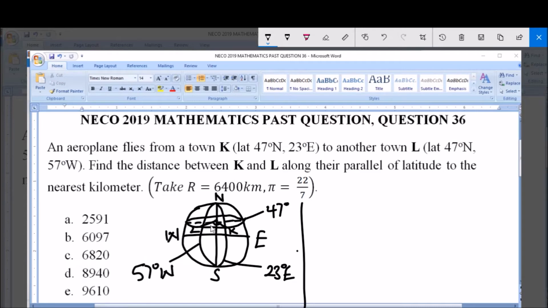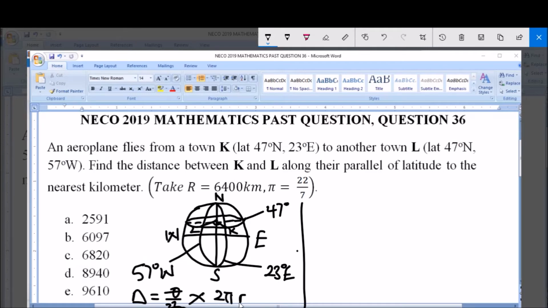The angle between them is theta. Now the formula to find the distance between town K and town L is D equals theta over 360 multiplied by 2 pi r.